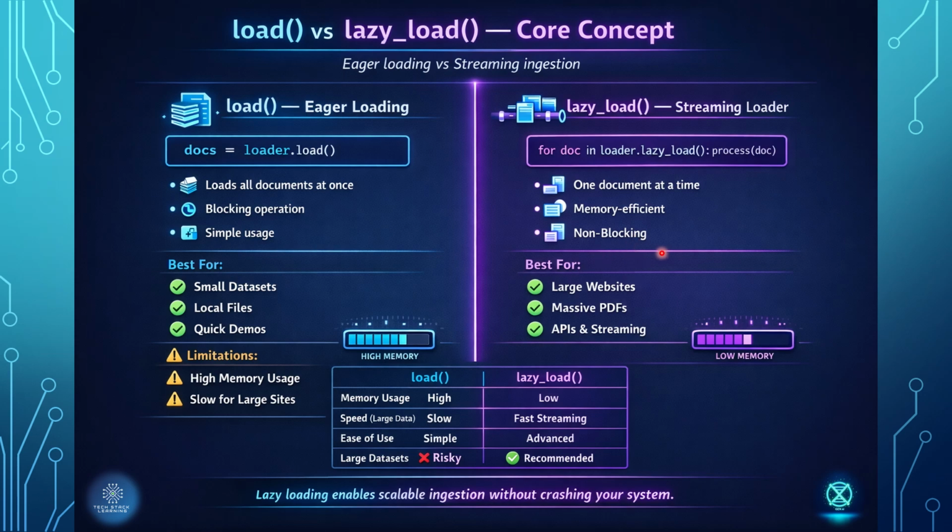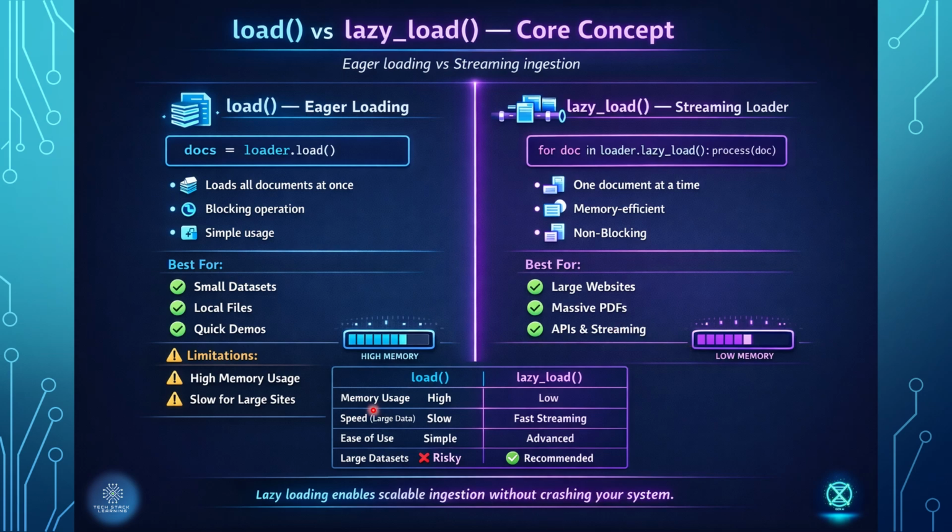So it is perfect for large websites, massive PDFs, and also for APIs or streaming pipelines. Essentially, load is simple but less scalable, while lazy_load enables safe, scalable ingestion without crashing your system, making it the preferable choice for large datasets.